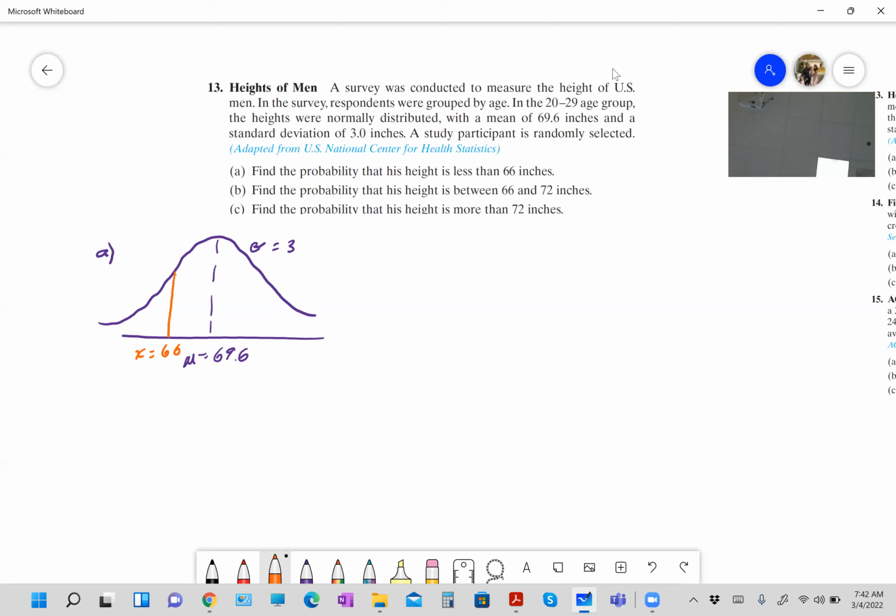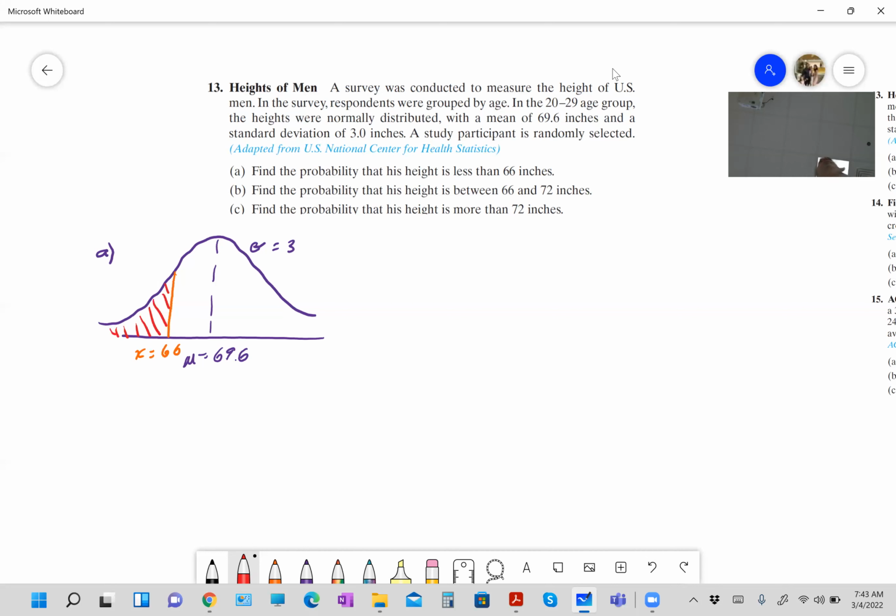And it says less than. If I'm going to shade less than, where should I shade? On the left. So far, so good. Pretty standard. But here's our problem. This is a normal distribution, not a standard normal distribution. So what should be our next step? A z-score.